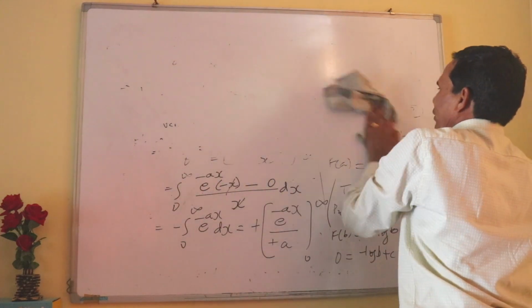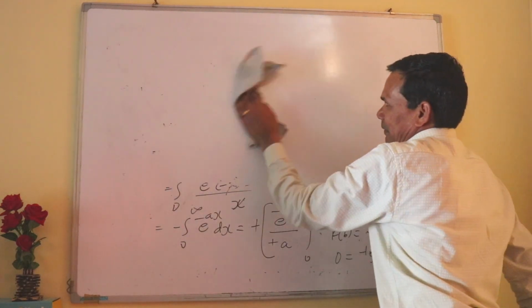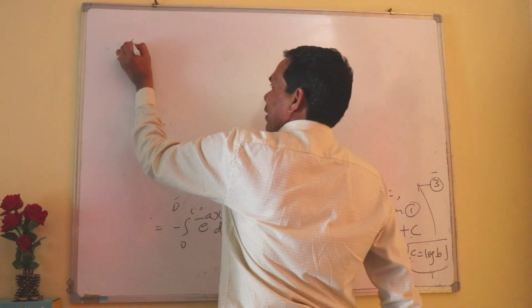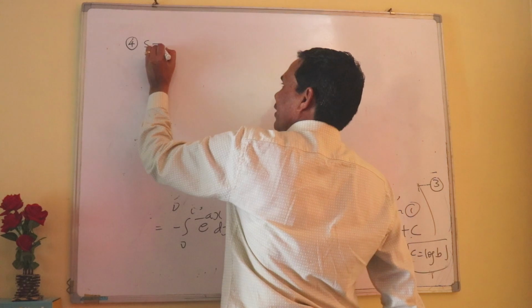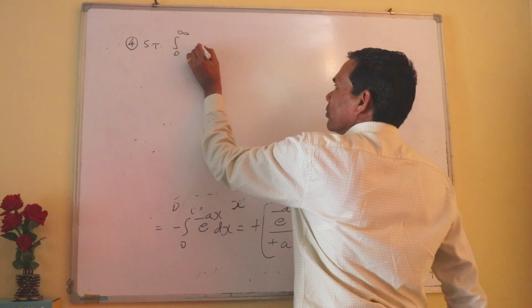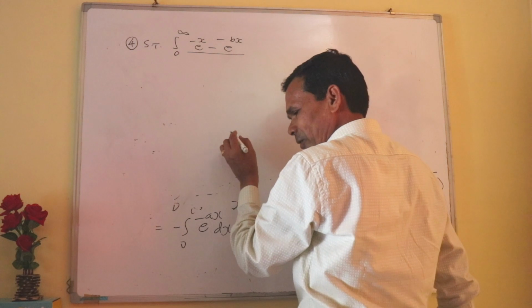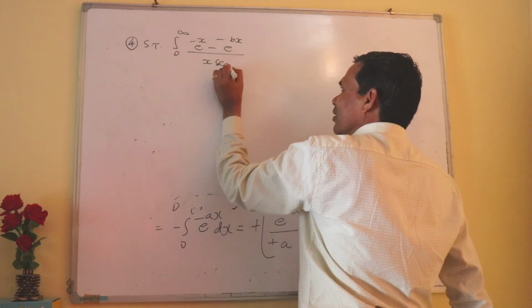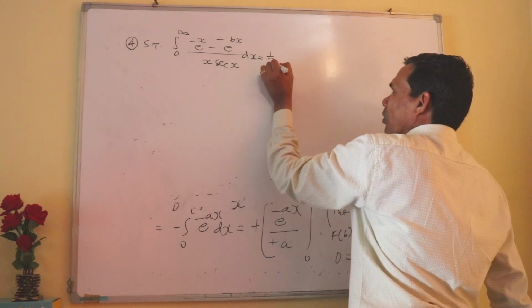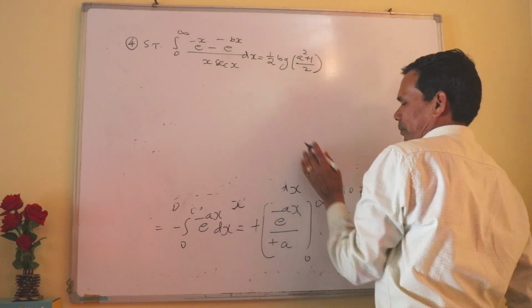Now we go for the next example, problem number 4. Fourth example: show that the integral from 0 to infinity of (e raised to minus x minus e raised to minus ax) upon x into sec x into dx is equal to 1 by 2 log of (a square plus 1) upon 2.